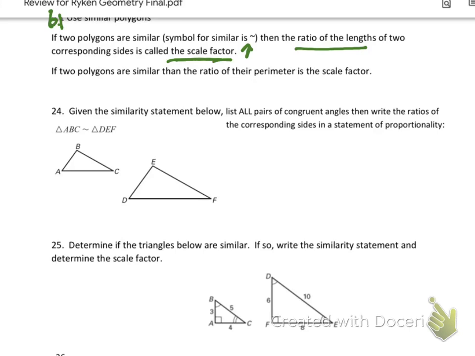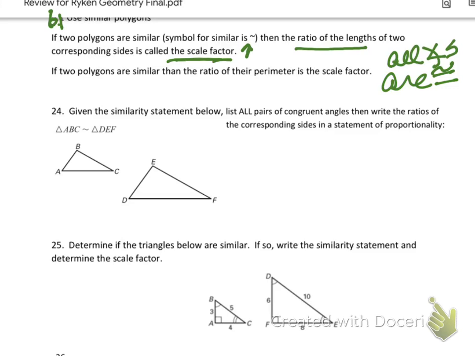What else do we know about similar polygons? All of the angles are congruent, and all the sides of similar shapes are in proportion. So we're going to go over that now.